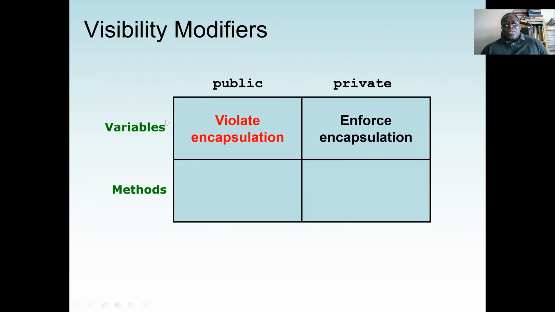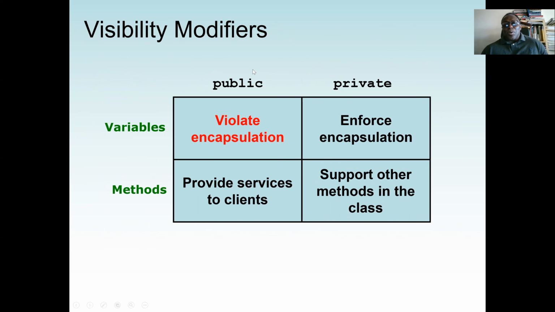So this is the visibility modifiers concept. We have public and private. Variables always have to be private to enforce encapsulation. When we make them public, we violate encapsulation. Then we have the methods. Methods will provide services to clients.